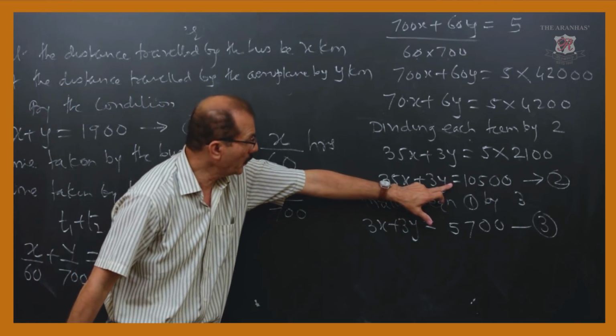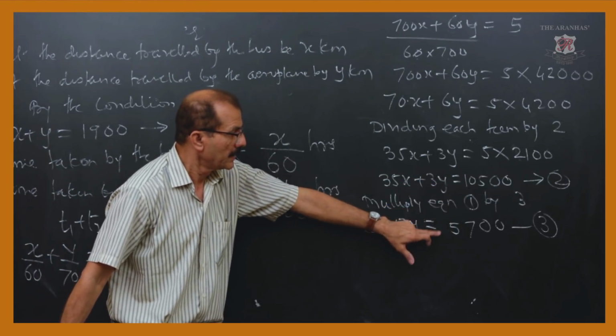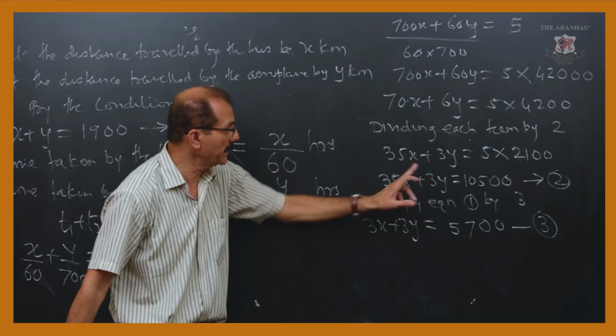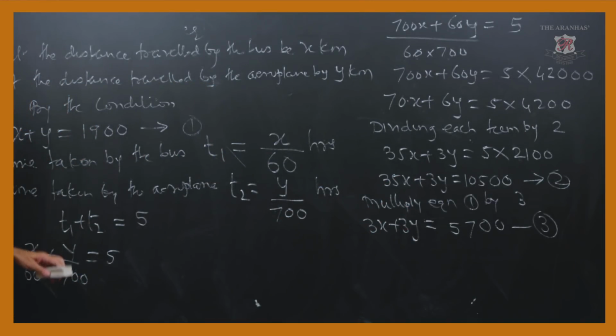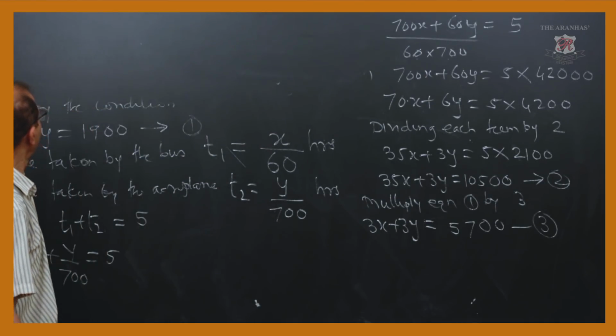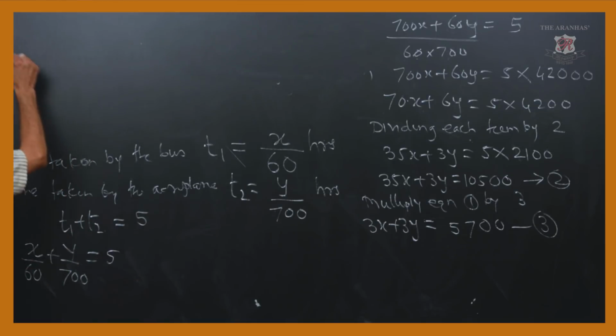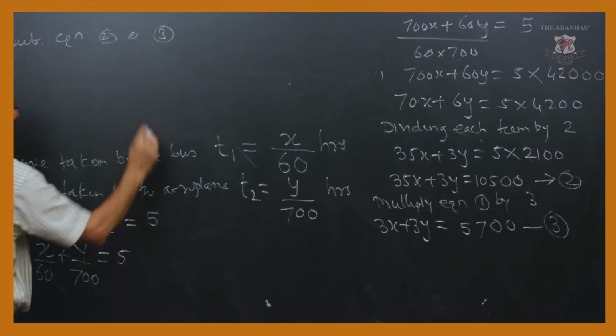So, the second equation and the third equation, if you solve these two equations simultaneously, I will get the values of x and y. So, subtracting equation 2 and 3.